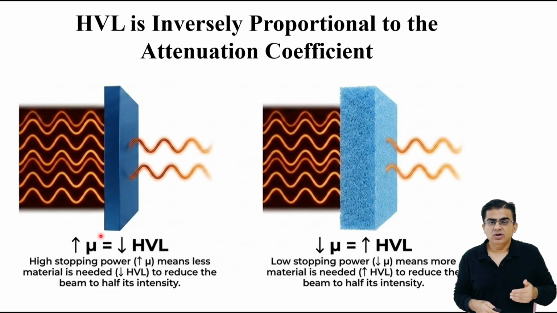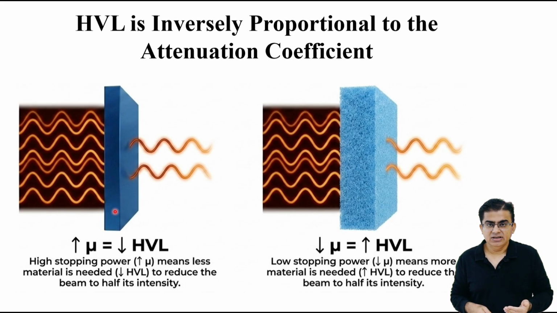As you already know, a high mu means high linear attenuation coefficient. That means the material has a very high stopping power.